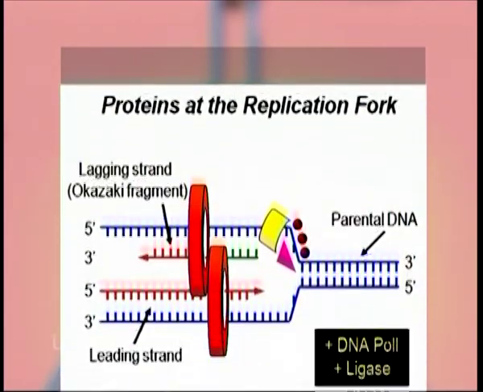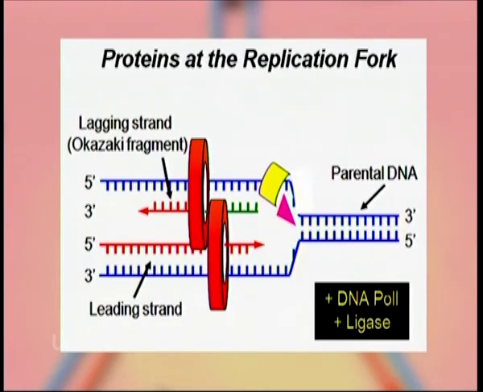The single-stranded character of the replication fork is maintained by the binding of single-strand specific DNA binding proteins referred to as SSB proteins. The association of these proteins prevents the reformation of double-stranded DNA.